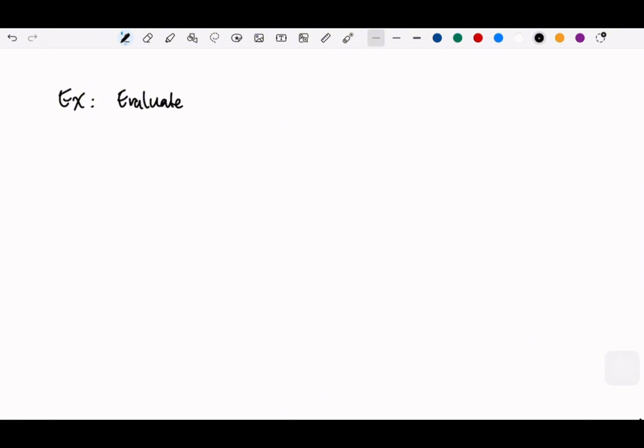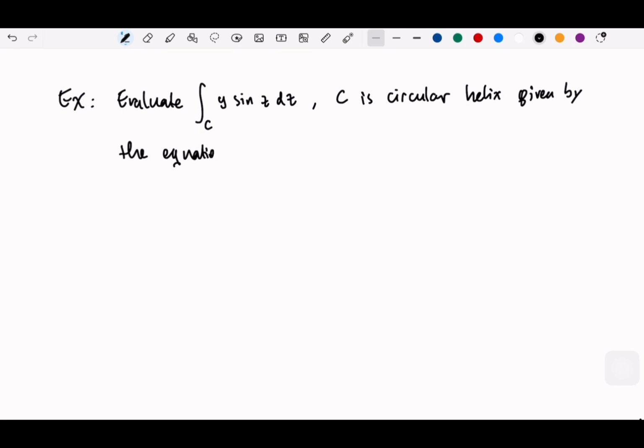Evaluate this line integral where the curve is a circular helix given by the equations. I think after two examples, I will finish the class.